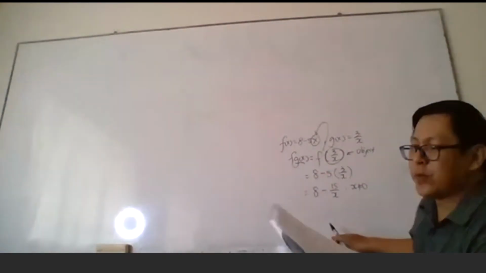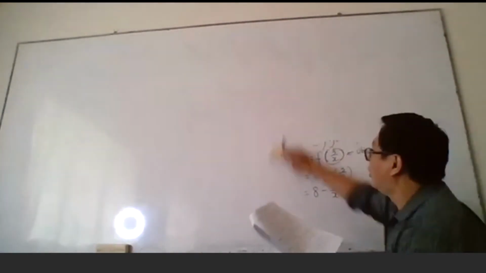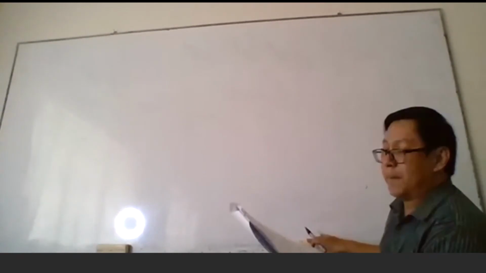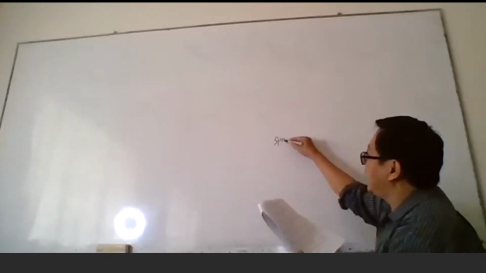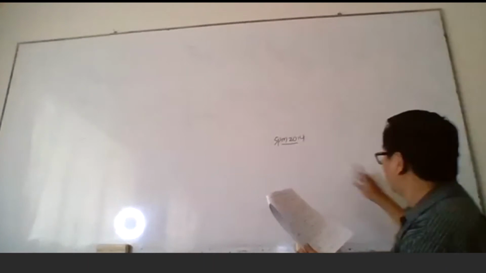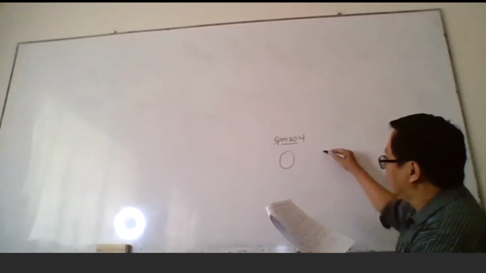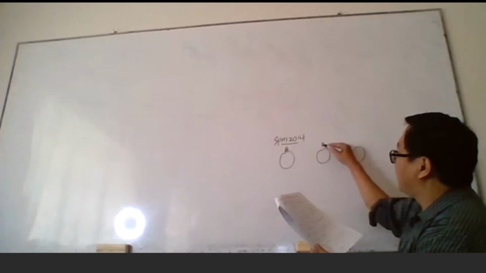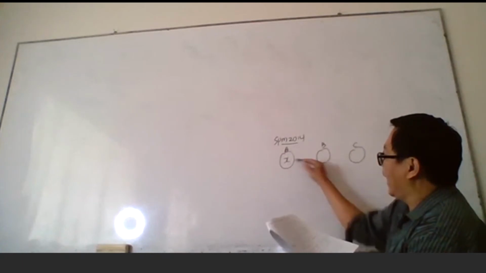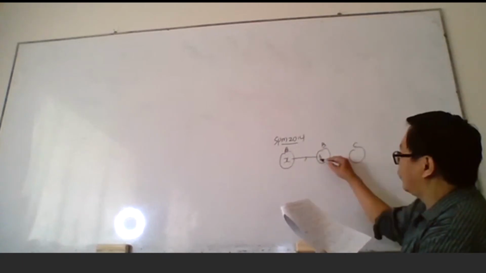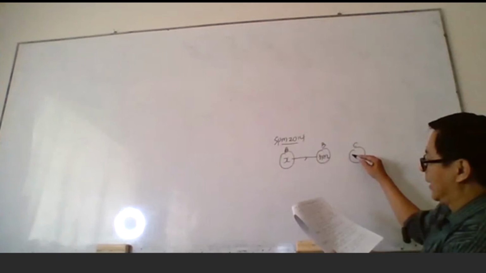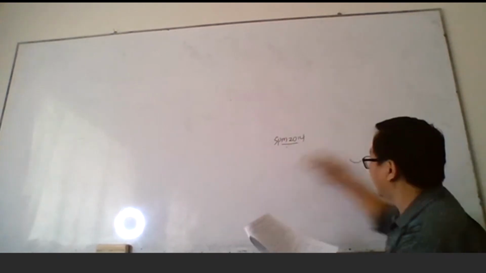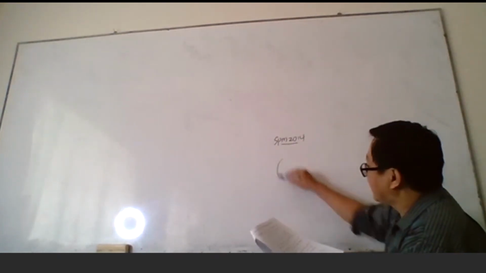Okay, one of the SPM questions in 2014, in your page number 15, SPM 2014. The question gives you 3 different sets, diagram A, B, and C. This is your x, this is 3x plus 2, and the other one will be, sorry, I will write bigger.